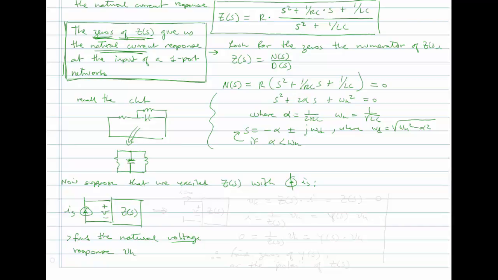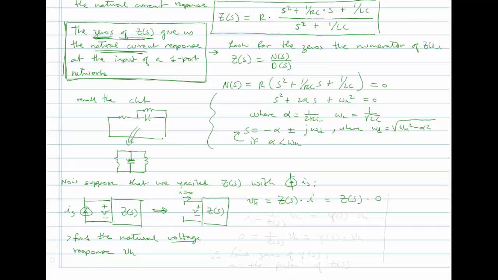Okay, well, when we turn this off, we're going to actually have an open, right? Nothing's going to flow. We'll have this voltage, but we'll have zero current. And we can write that V, or VH, I guess I should write, is equal to Z times I, but that's equal to Z times 0, right?